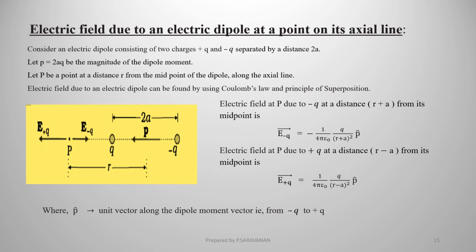You note down why the vector E minus q is having a negative sign and why E plus q is having a positive sign.